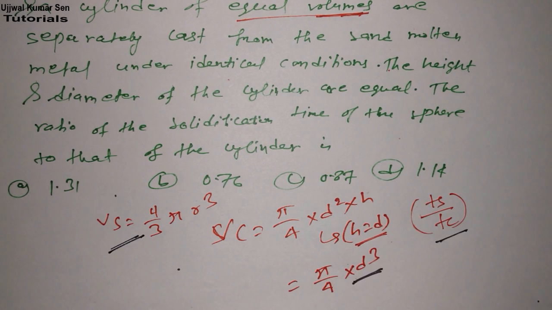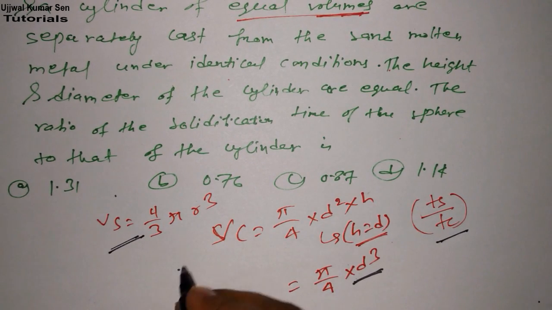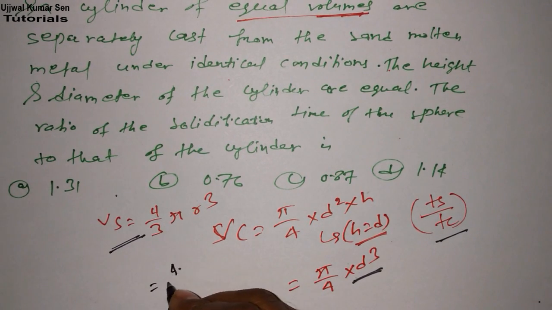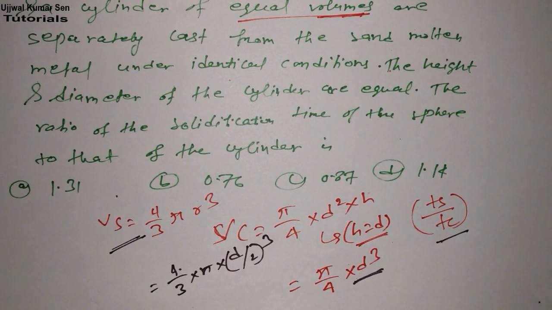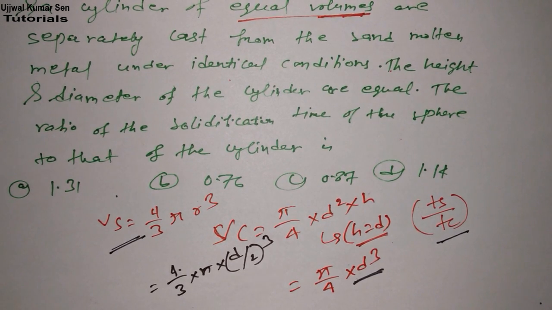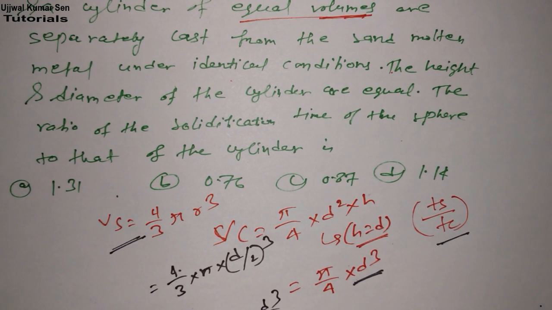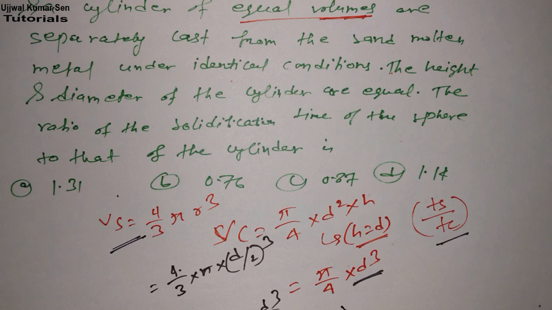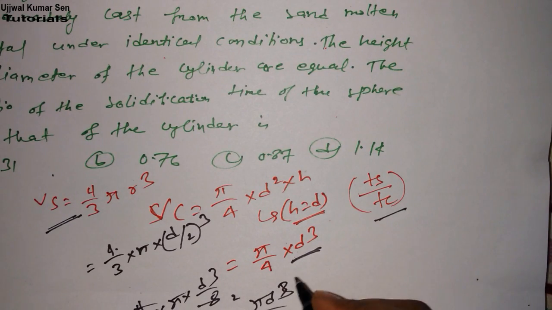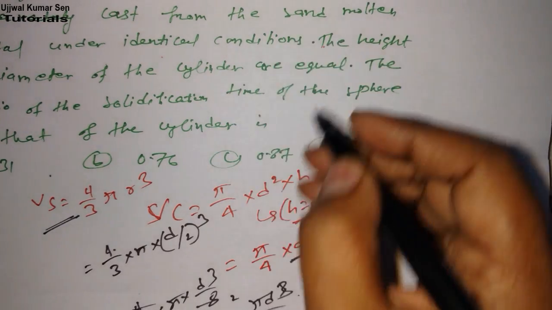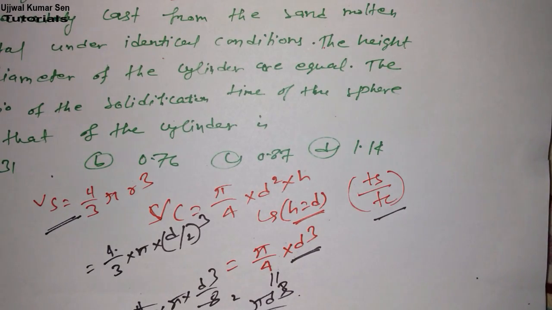So what we can write here is 4 by 3 pi (d by 2) whole to the power cube, right? So 4 by 3 pi d cube by 8. So this will become pi d cube by 6. As in this question equal volumes are stated, that means pi by 4 d cube is equal to pi by 6 d cube.